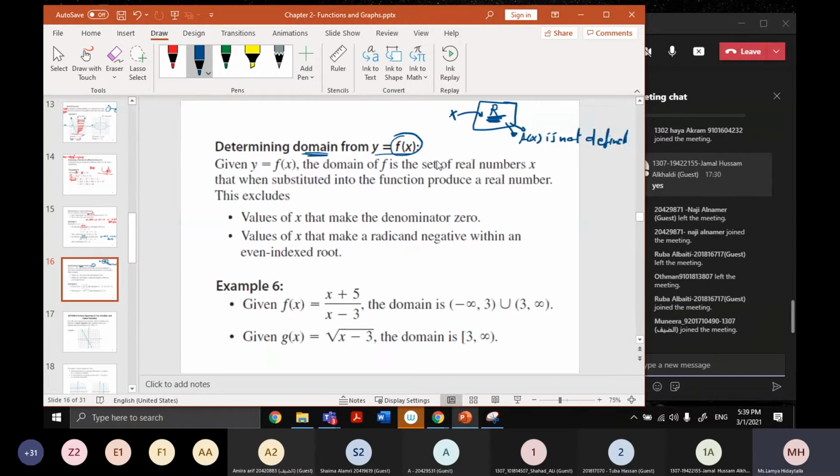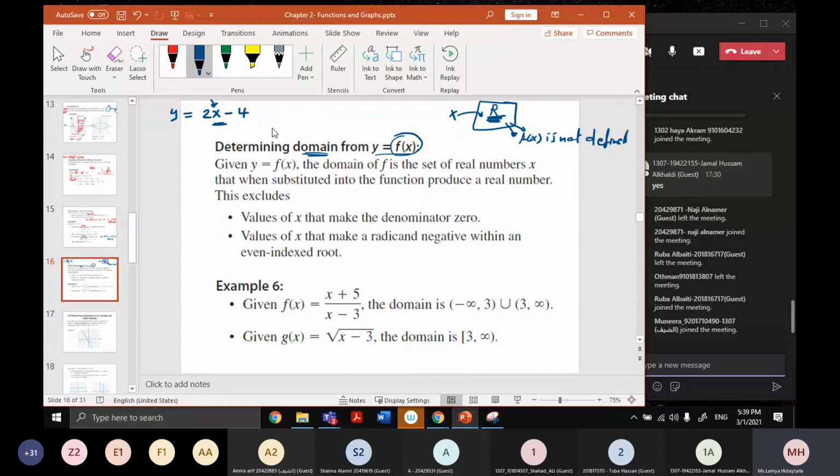For instance, if I have y equals 2x minus 4, is there any value where, when I substitute it here on the x axis, I will have a problem, and the function will not be defined? Is there any value like that? No. I can substitute 0, 1, half, 3/4, square root of 5, no problem.